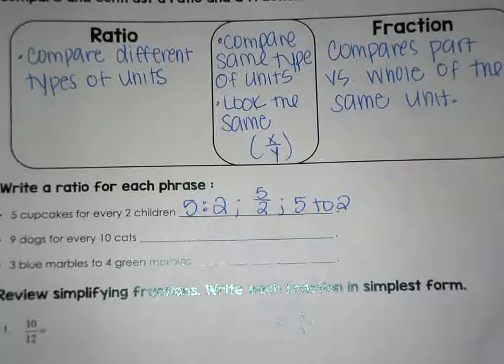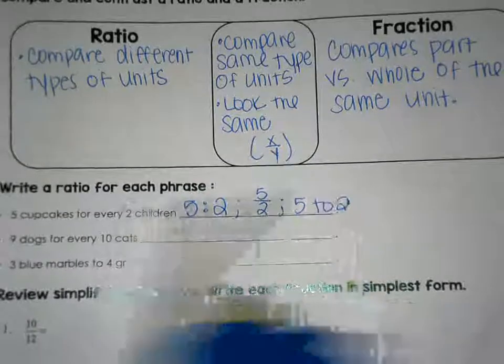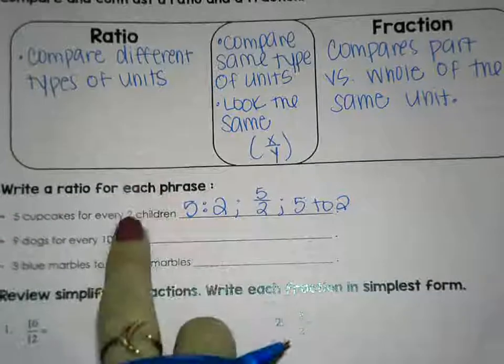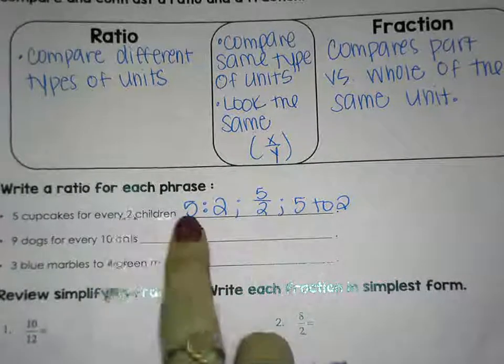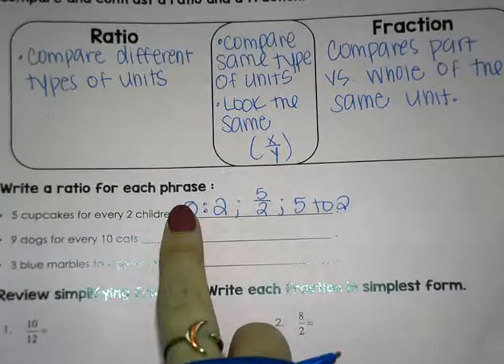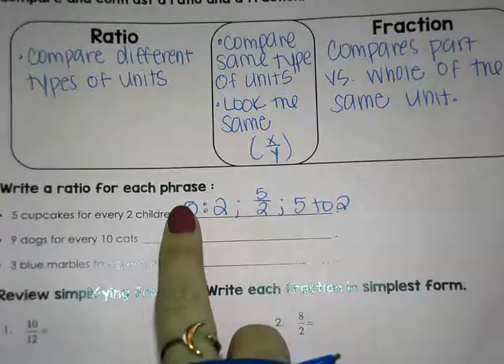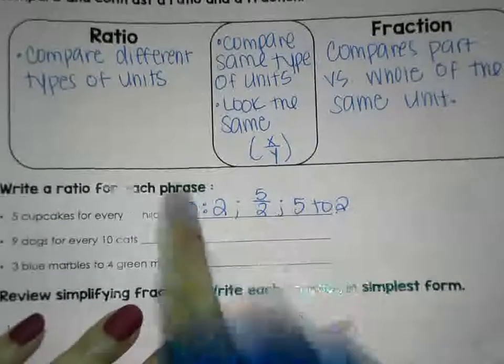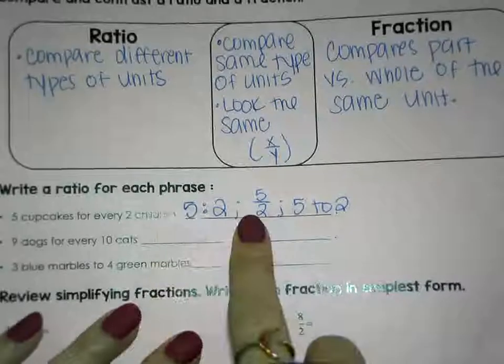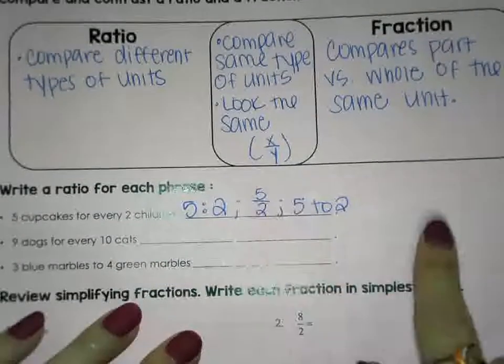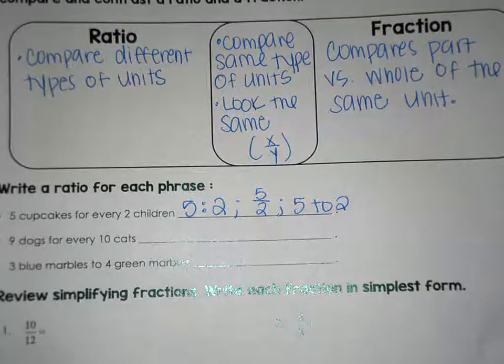Would it be wrong if you put the 2 first? Great question. The order in which you write these three ways does not matter. I could do 5 to 2 first and then write 5 colon 2. That order does not matter.